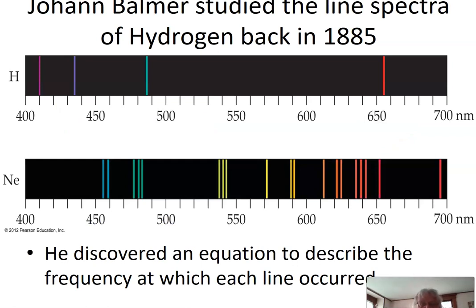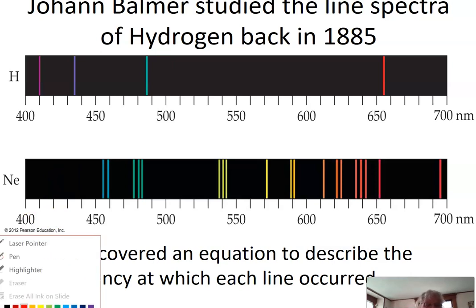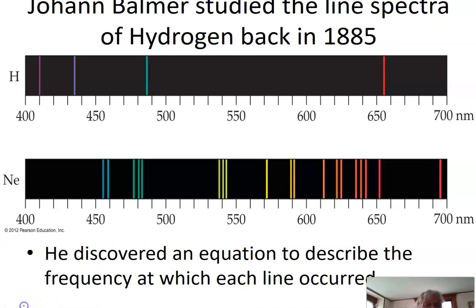Back in the late 1800s, John Balmer looked at the spectra of different elements. In particular, he looked at hydrogen. When you look up here at hydrogen, what we see is that there are only specific lines showing up.